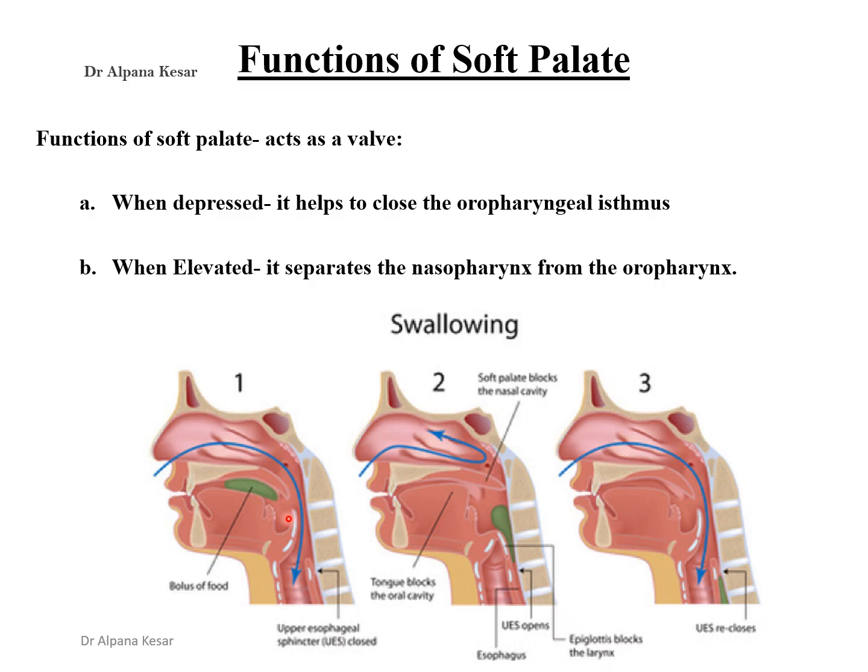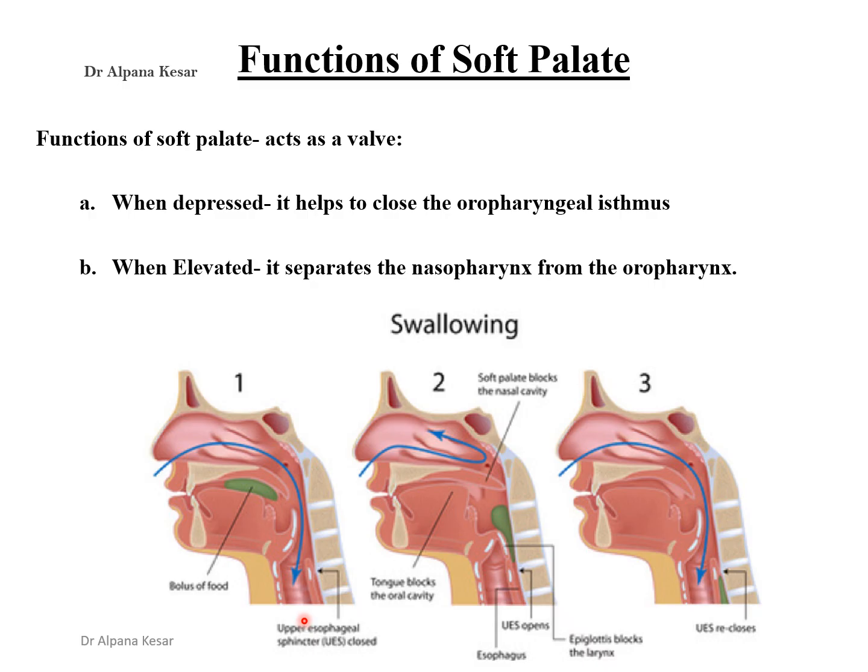When it is depressed, it closes oral cavity from oropharynx. However, it allows a patent respiratory passage where air flows through the nasal cavity into the nasopharynx, oropharynx, larynx, into the trachea.